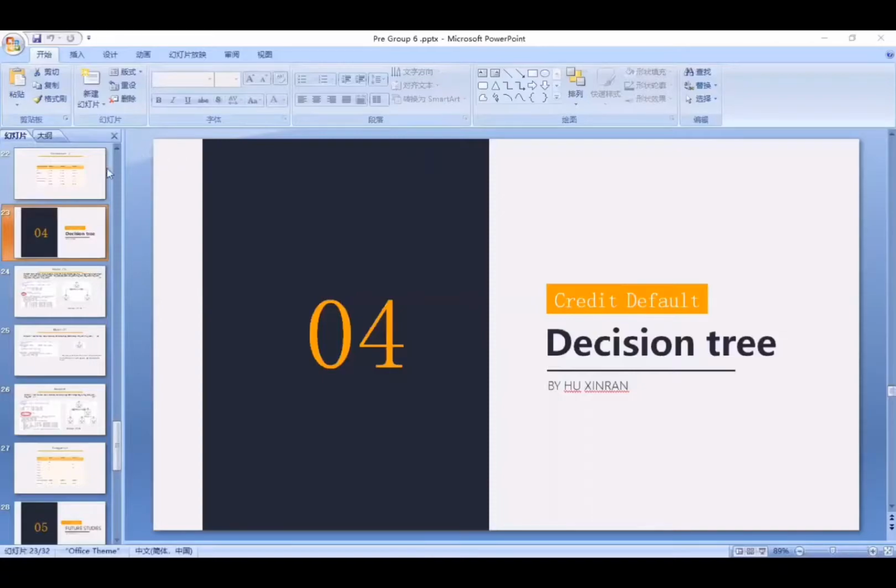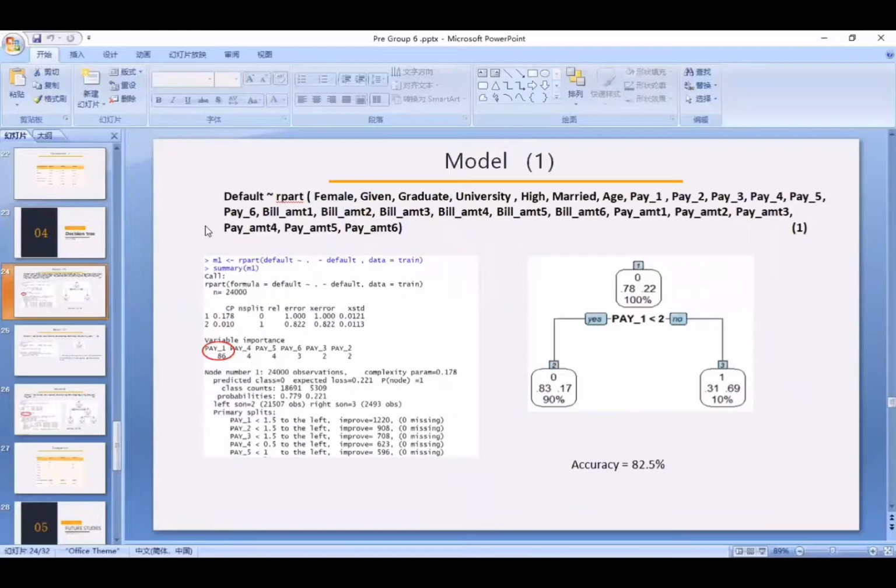In model 1, we input all the data from variable importance. We can see the P1 is equal to 86, which is significantly larger than the other variables. So we can draw the decision tree with it as a decisive feature.